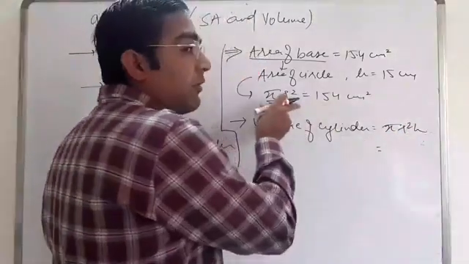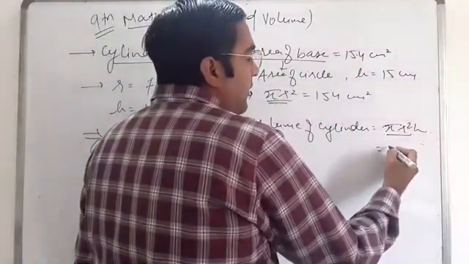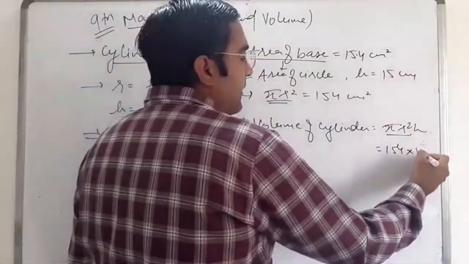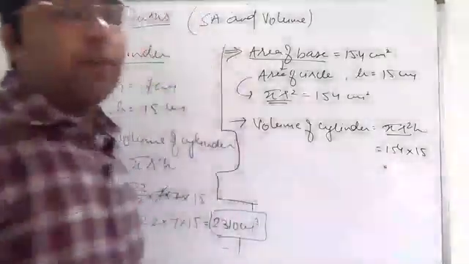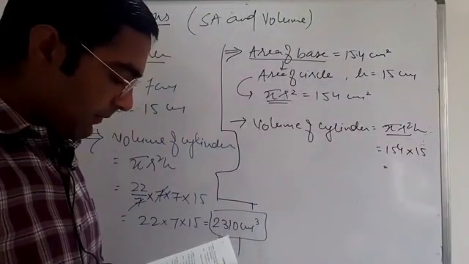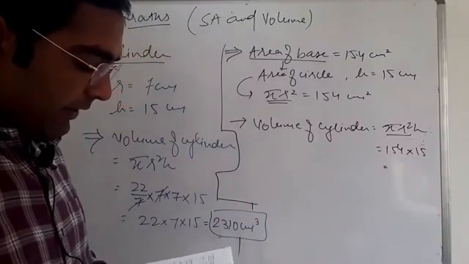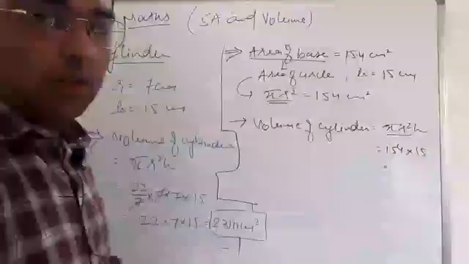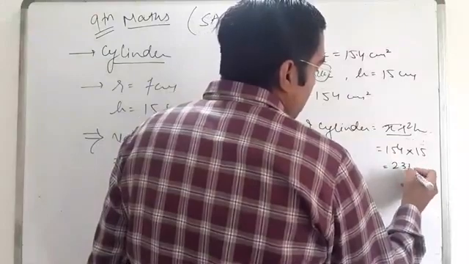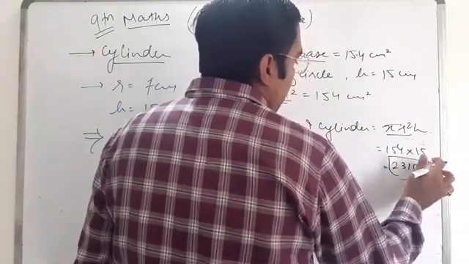Here pi r square is already given as 154, and the height is 15. So 154 into 15 gives my answer, which is also 2310 centimeter cube. Clear, students?